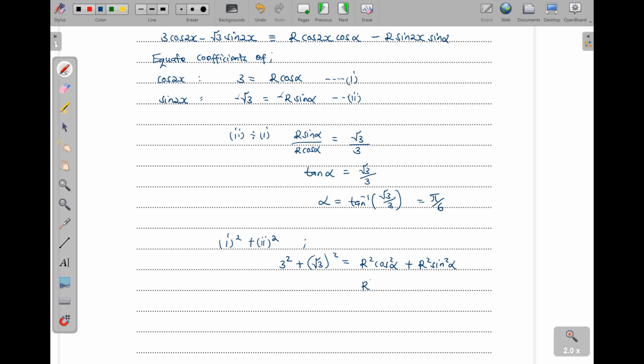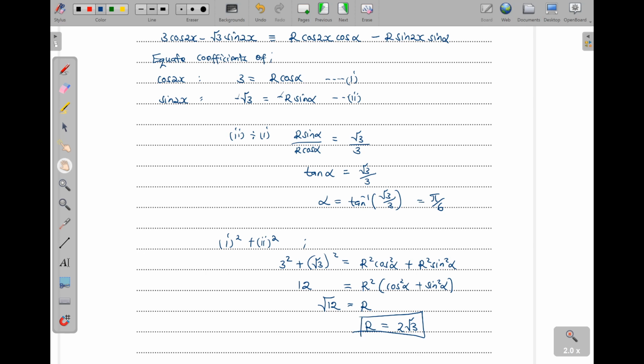You can see that r squared is common. Then inside here, I'll have cos squared alpha plus sine squared alpha. So which will be equal to, this one is 12. So in trigonometry, we know that this one is equal to 1, right? So meaning our r is going to be equal to the square root of 12. So r is therefore 2 root of 3.